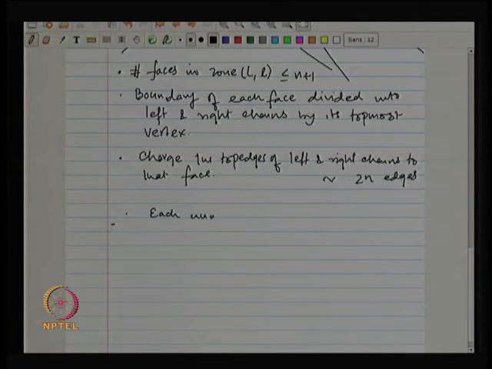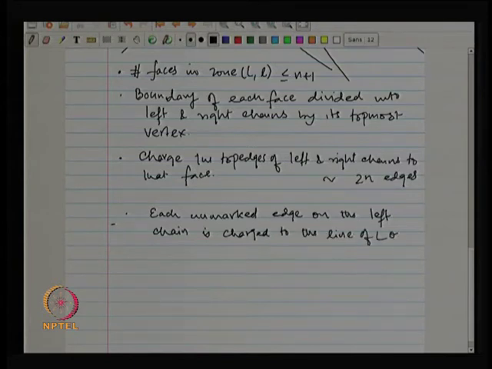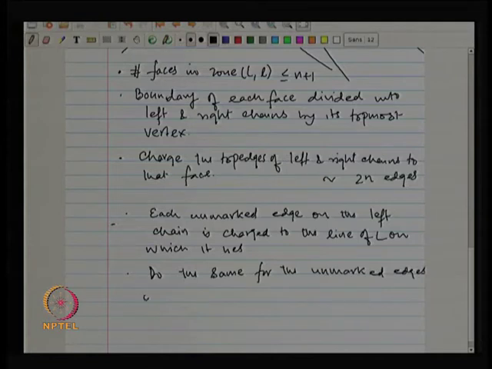Each unmarked edge on the left chain is charged to the line L on which it lies, and do the same for the right chain.